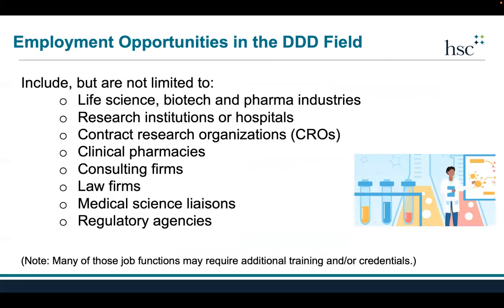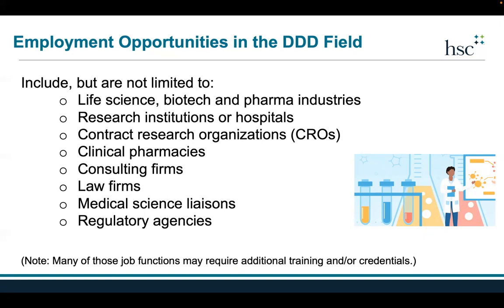Therefore, we can safely assume that students or graduates with the right amount of knowledge and skills in DDD may enjoy a wide range of employment opportunities that include, but are not limited to, the life science, biotech, and pharma industry, research institutions or hospitals, contract research organizations, clinical pharmacies, consulting firms, law firms, or, as I mentioned, medical science liaison, and even possibly work for government agencies such as FDA.